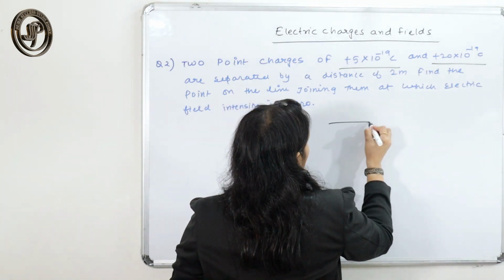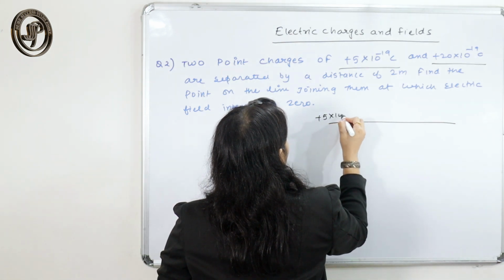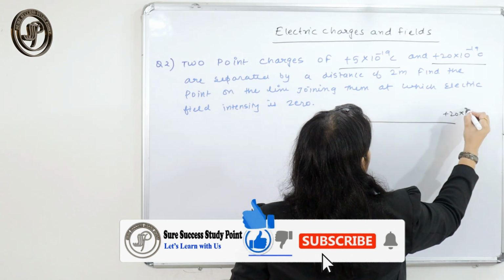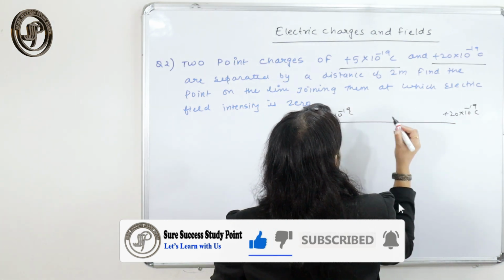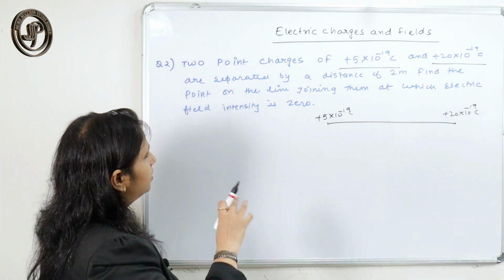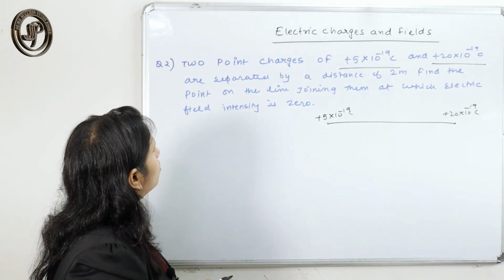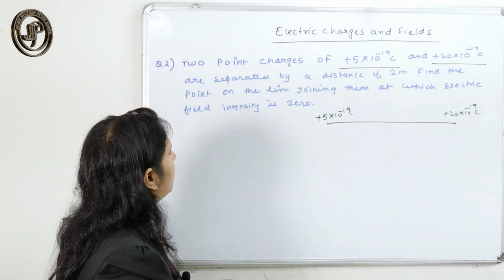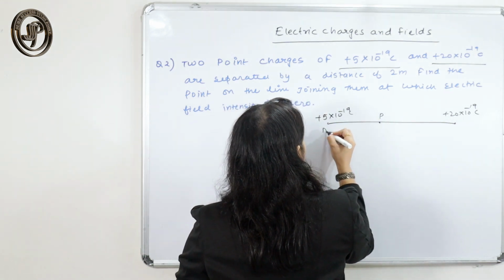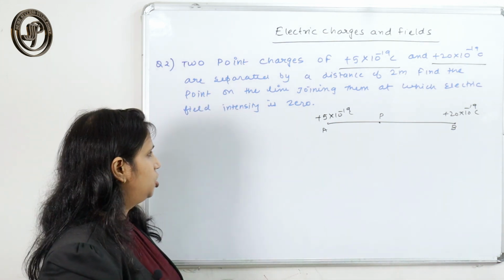So here we have two point charges, this and this. We need to find a point on the line joining them, and they are separated by 2 meter. Suppose I consider this is a point P where the net electric field is 0.